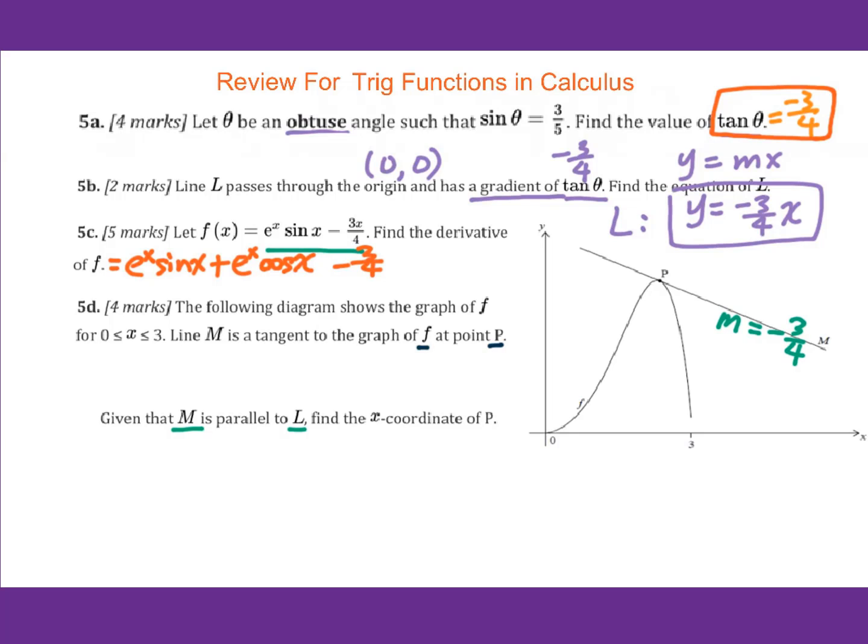Since M is tangent to the graph of f at point P, we know the definition of a derivative is the slope of a tangent line, which means f prime of x equals negative 3 over 4.